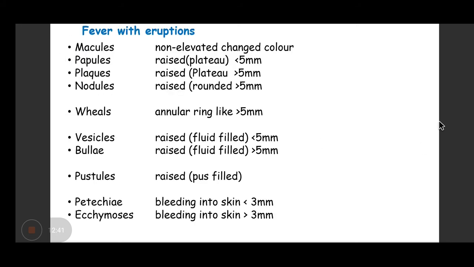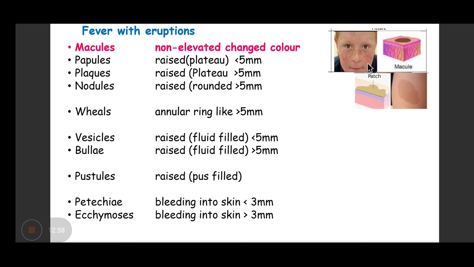Many fevers are associated with rashes or eruptions, so we need to understand the different types of rashes or eruptions. Macules are usually non-elevated. They are just a small skin discoloration, like this. They are usually non-infectious. If they are larger in size, then we call them a patch.